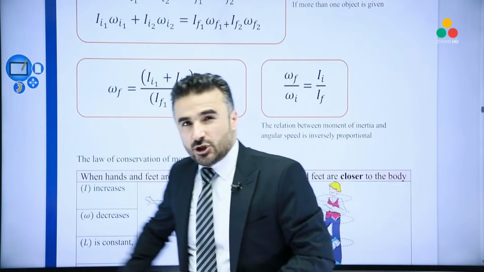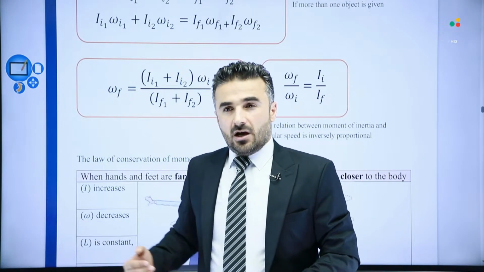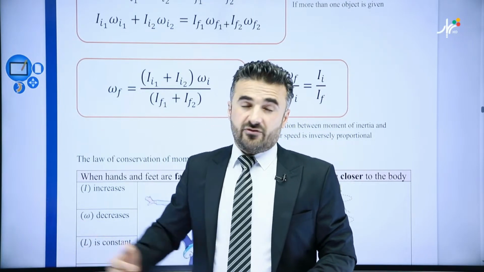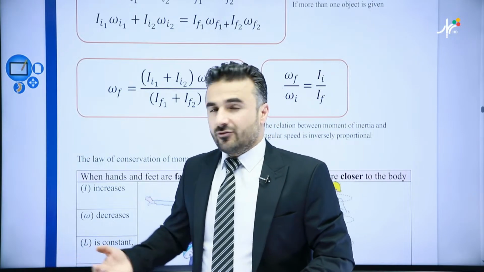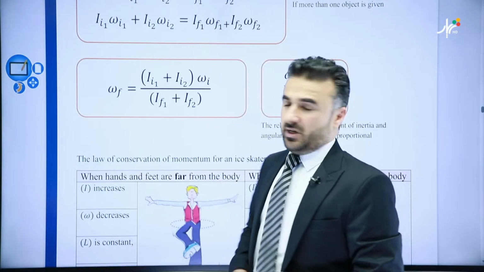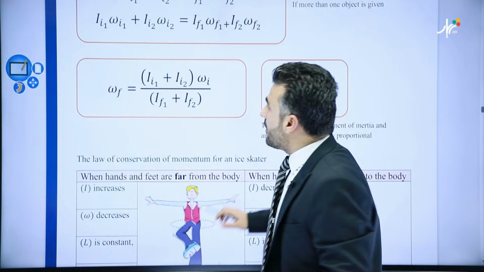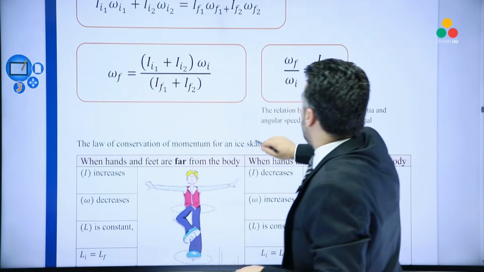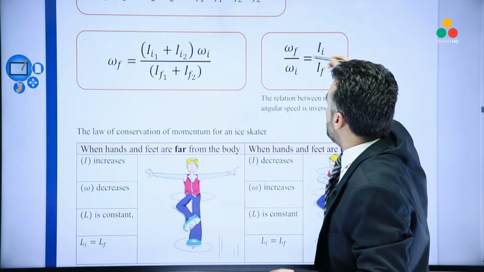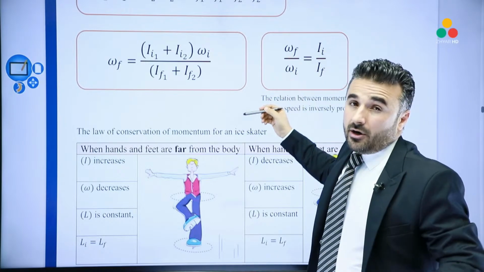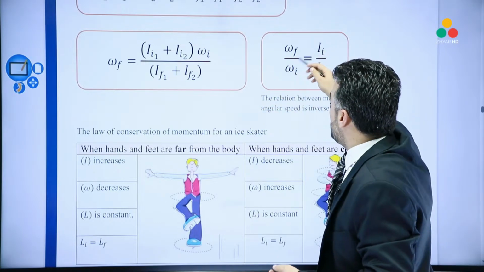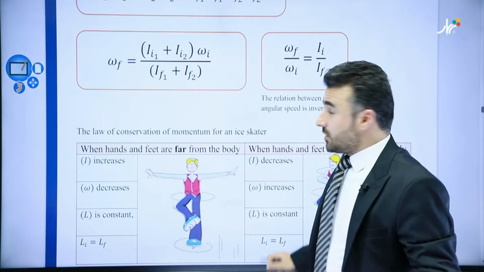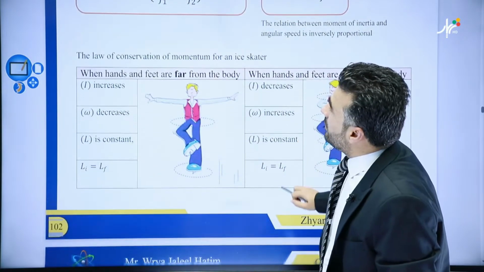Once again, because any change in the radius of the person would change the moment of inertia for that person, for that object, and then of course that would affect the angular speed of the whole system. Okay, so keep this in mind, write it down and highlight it. And of course we can say this too, because the relationship between these are inversely proportional. By increasing or decreasing angular speed, the moment of inertia will change.